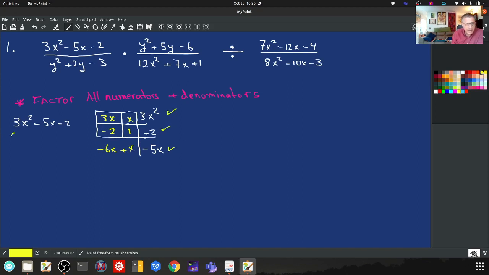So I get the factorization. Remember, go kitty corner. 3x plus 1 times x minus 2. And it doesn't matter, you could have done x minus 2 times 3x plus 1. So I factored the first numerator. We're going to do this on all of them.